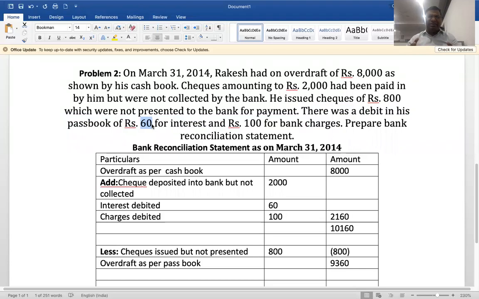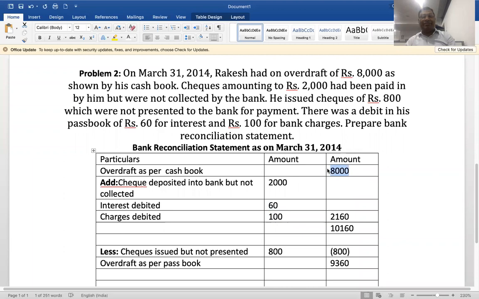If this were a favorable balance of 8,000, they would reduce from 8,000. But now it is overdraft. This is not what you have in the account; this is what you have to pay to the bank. So the banker will add this 100 rupees and this 60 also to whatever you're owing to the bank. Do you understand?